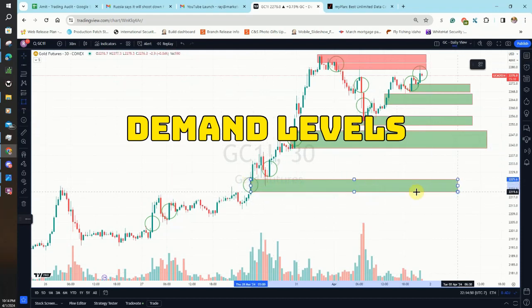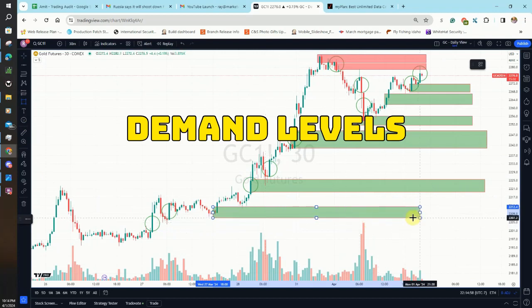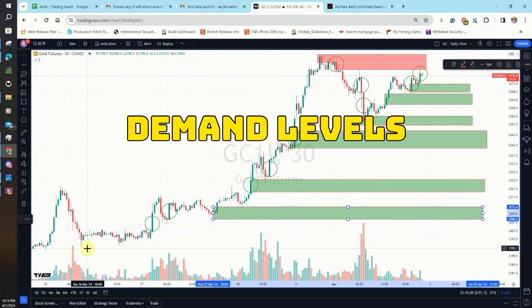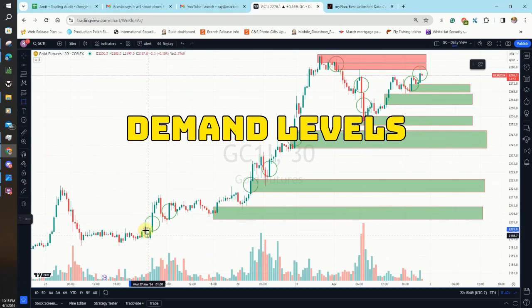So as we work our way down the chart, we are just horizontally identifying these areas, using the conviction candles as a guide, and using the rejection candles as an indication for the area that we could expect to see the market participant in question.